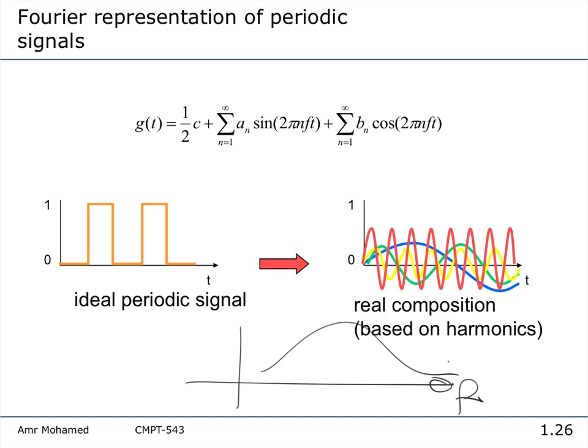The special case of this representation is that if the signal is periodic, then I will end up with a discrete representation in the frequency domain. Otherwise, if the signal is non-periodic, then the representation in the frequency domain takes the general form of continuous values. Is that point clear? Any confusion? Okay?